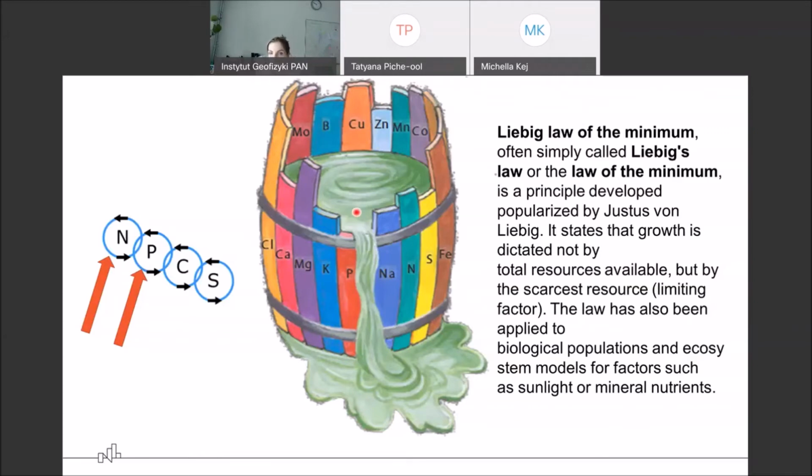It's still the elements that are most lacking which are the most important ones. So this is the condition of balance.